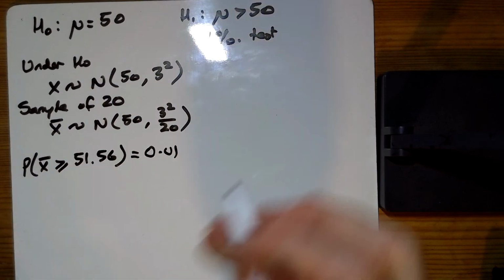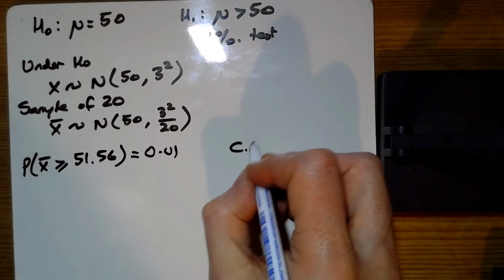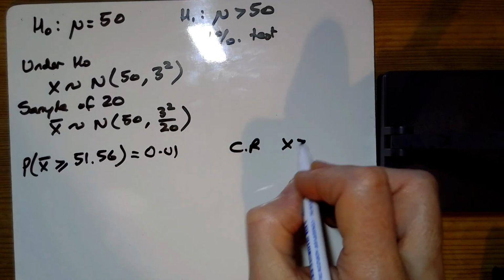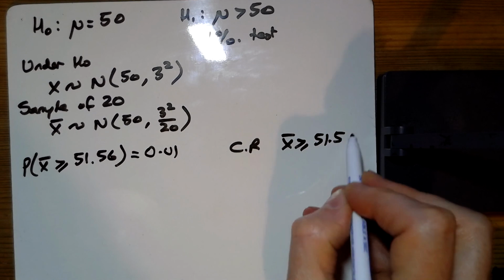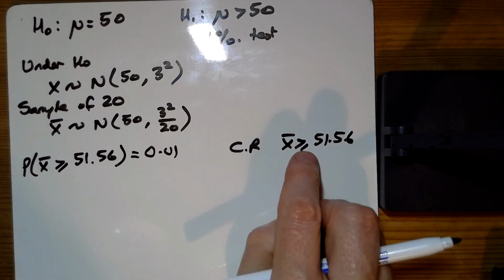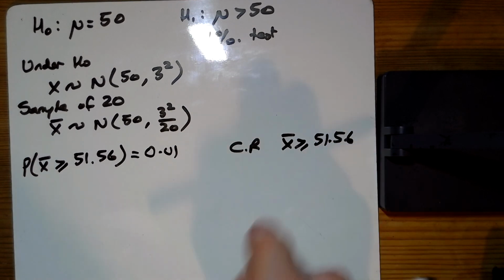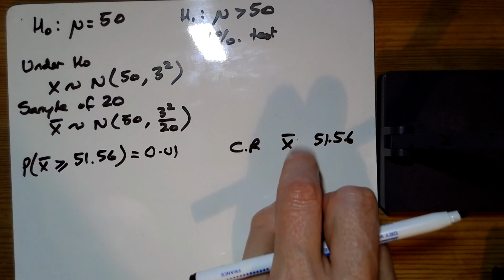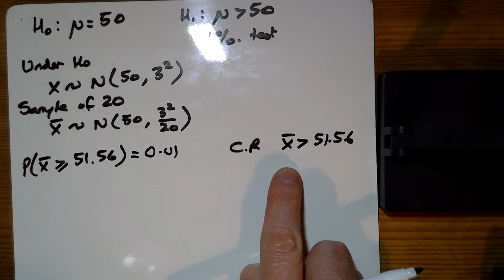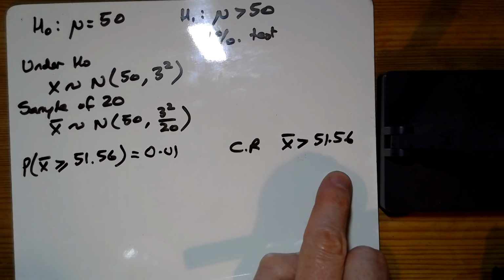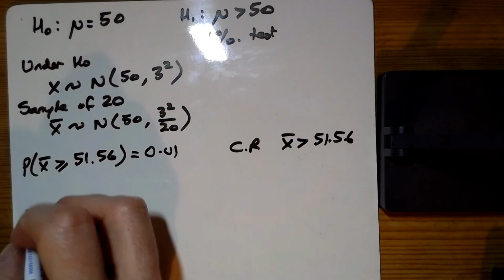So that tells me that my critical region is X bar is greater than or equal to 51.56. You can put greater than there as well, because greater than or equal to has no bearing on a normal distribution. So the mean is greater than 51.56. What's the chance of that happening?